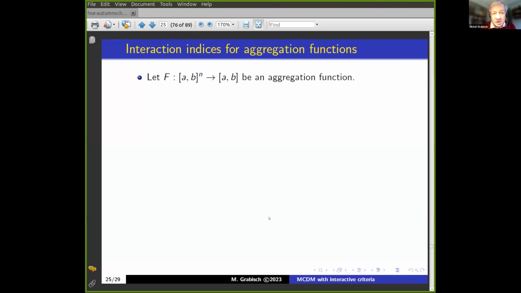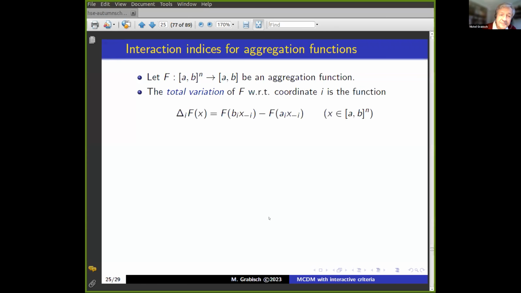How to define interaction? This is also possible. You just consider what is called total variation. So suppose your function f is defined on some closed interval [a,b] to the power n.